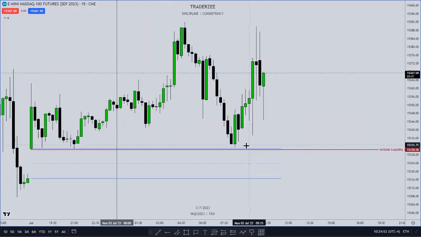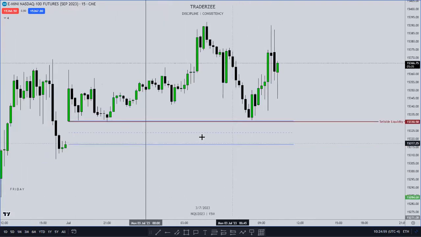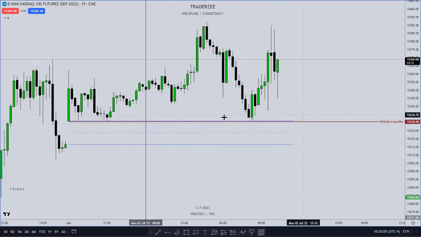I mean, it definitely is the stronger one. I know that, but I was thinking that maybe with the drop in ES, there will be a much better drop, and the sister Nasdaq will be dragged along for the sell side liquidity and the new week opening gap. I like this area right here.